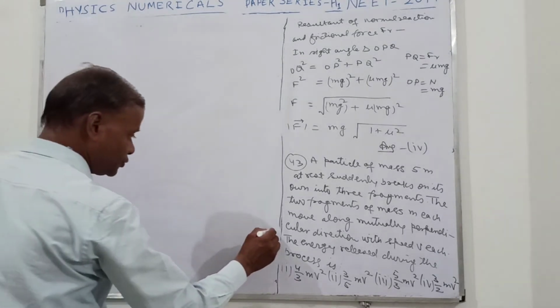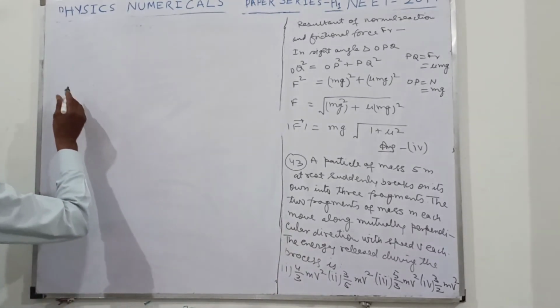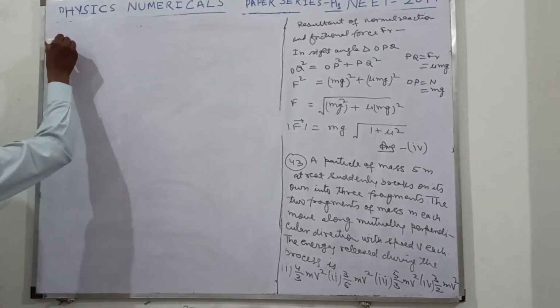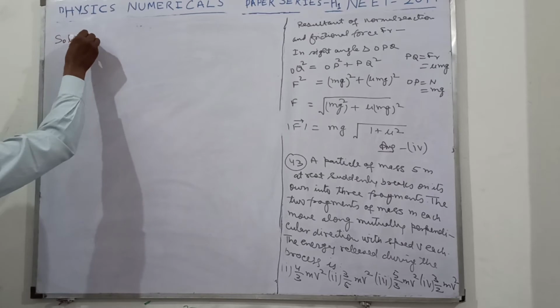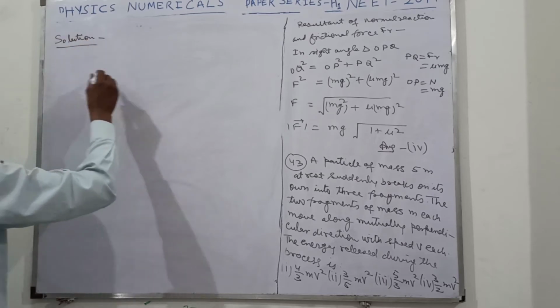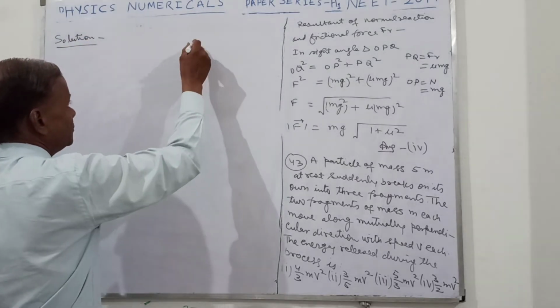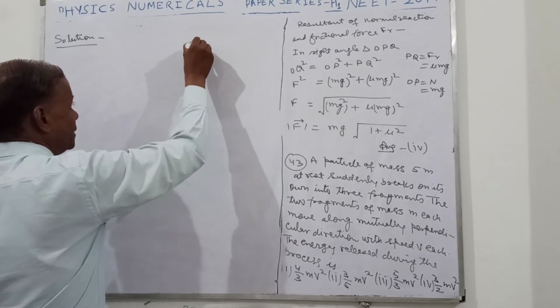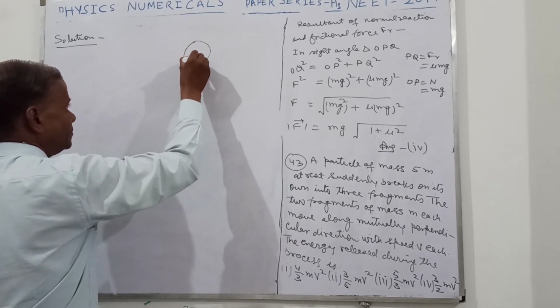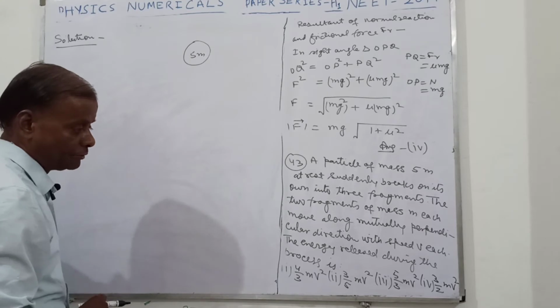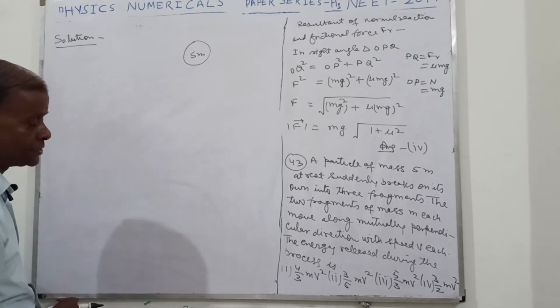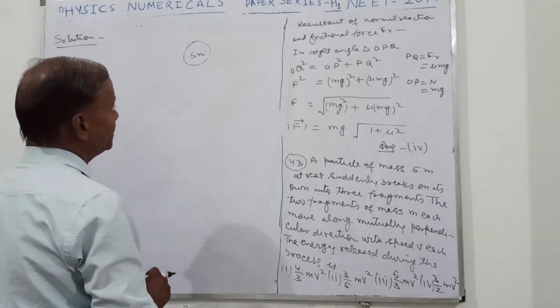Now here the situation is like this. This is a particle of mass 5m. Then it breaks into 3 pieces that move in mutually perpendicular directions.